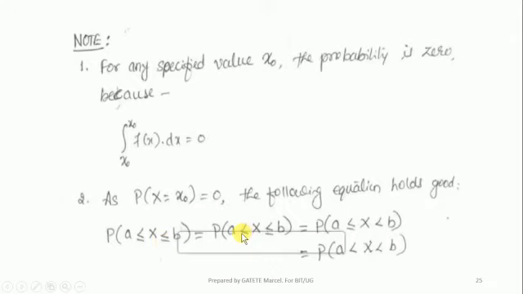This is the same as writing a less than x and x less or equal to b. It is also the same if we write a less than or equal to x and x less than b. Even if you remove the equal sign, it will be the same, no problem.